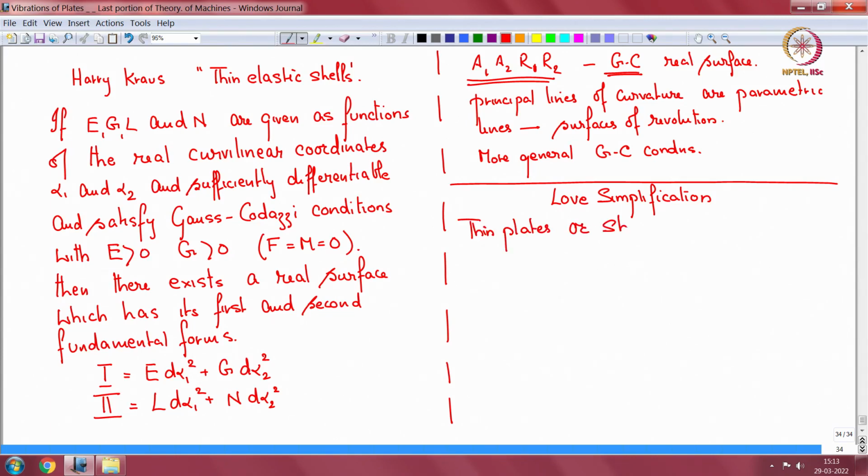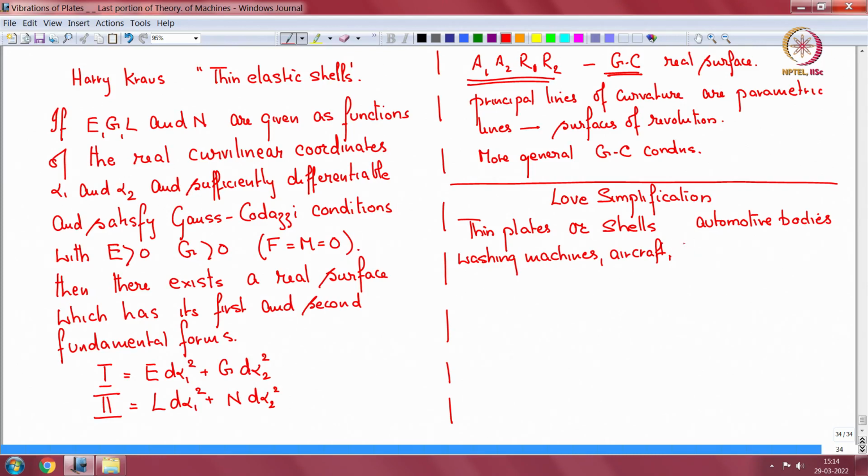Thin plates you will see as part of automotive bodies, bodies of washing machines, aircraft industry, and so forth. Similarly, shells.